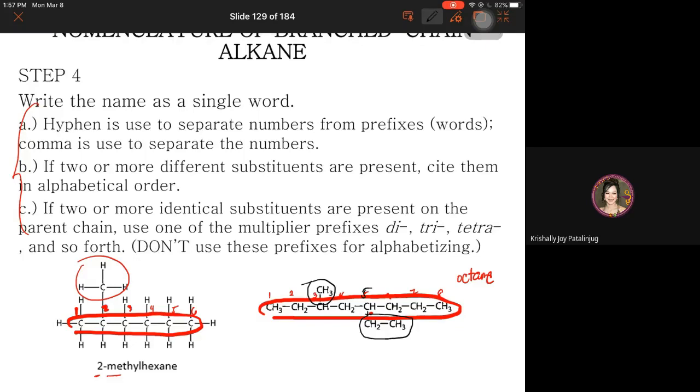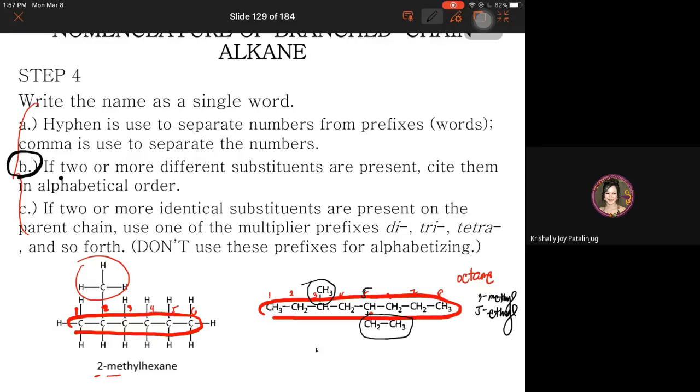So, alphabetical. So, isulat muna natin. 3 methyl, 5 ethyl. Sabi dito, letter B: cite them alphabetically. 2 different substituents present. Cite them alphabetically upon naming.